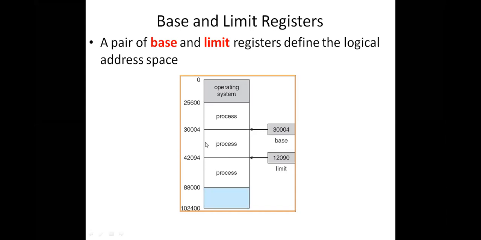Next, one more thing. Whenever the process is executing and tries to access information at 30003, that means it is not an address of the process. Or the process may try to access 42095, then it will be considered illegal. Why? Because the process memory is from 30004 to 42094.